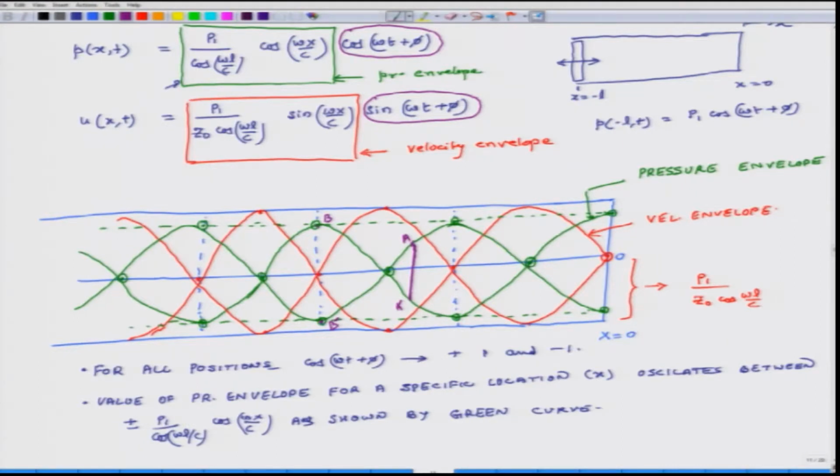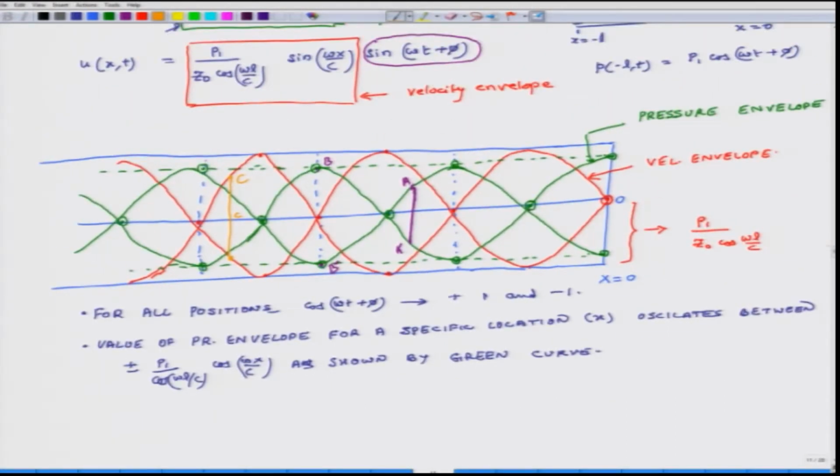So, as time changes it just fluctuates between +1 and -1, but the velocity envelope, let us look at another point, point C. Corresponding to point C, it fluctuates between these two limits. So, the velocity envelope also fluctuates, and the amount of fluctuation at each location is changing from one place to another. This is very important to understand.